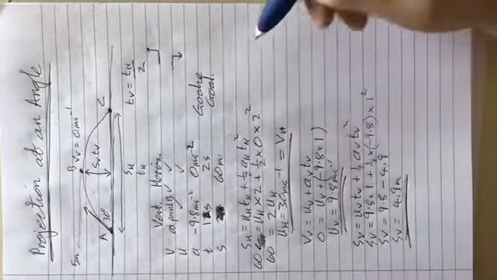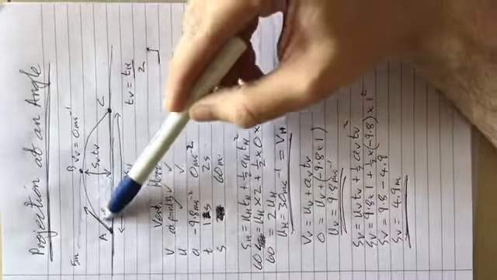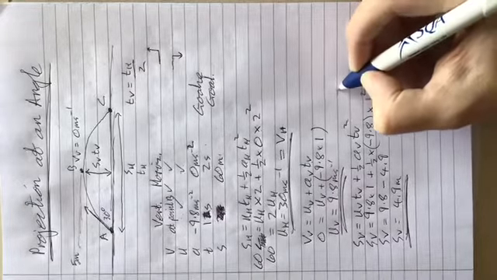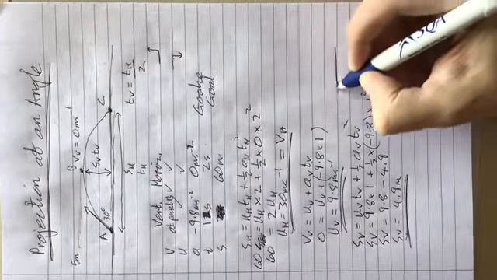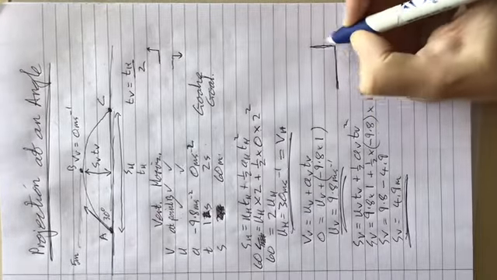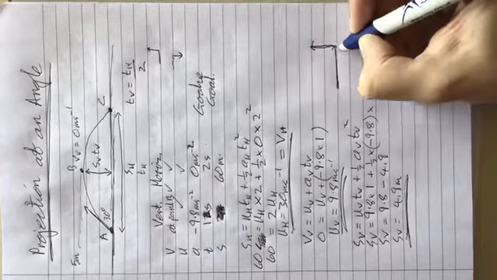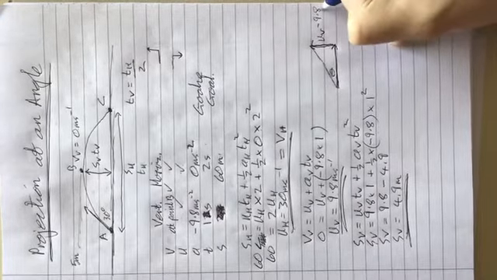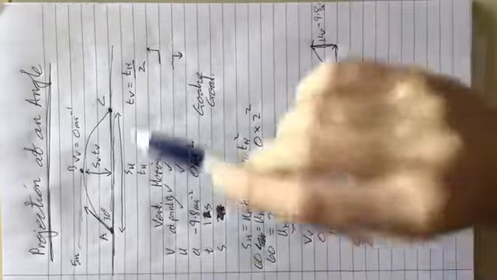Now, for how good I was at guesstimating the angle, we can use the initial vertical velocity and the initial horizontal velocity to make a triangle. And once we've made a triangle, we can work out the angle. So UV we worked out was 9.8 metres per second, and UH we worked out was 30 metres per second.